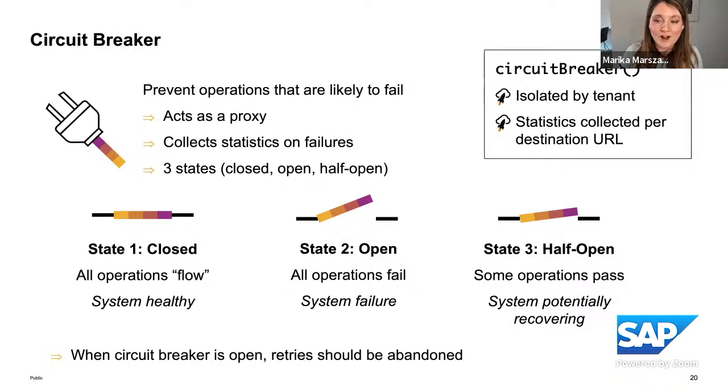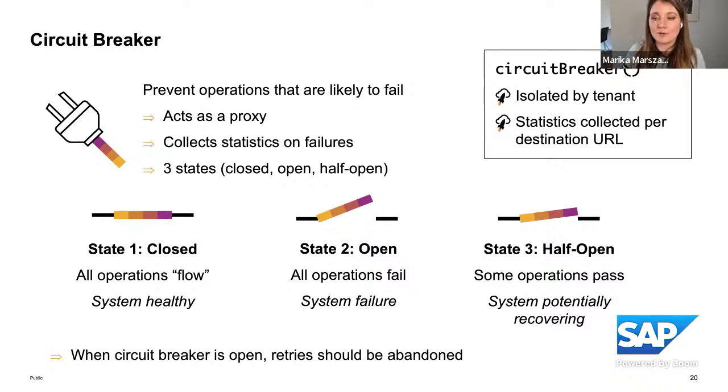So it will be very cautiously trying to check whether the system is okay, because it expects that the system might potentially be recovering. If the requests pass, then it goes back to state 1 and enters the state closed. But if the requests do not pass, or the operations, I always talk about requests, but the circuit breaker concept is not necessarily based on requests.